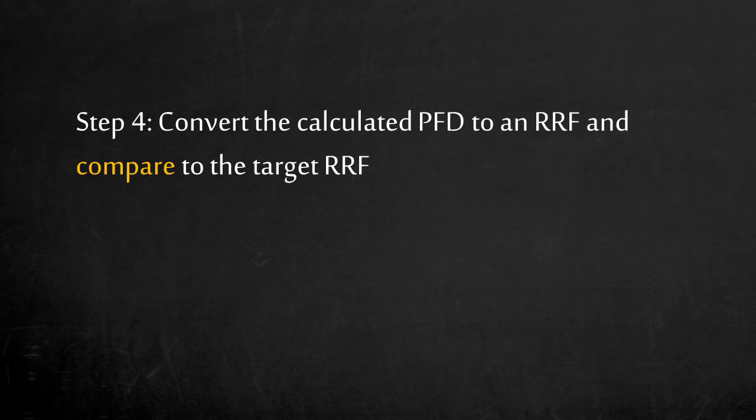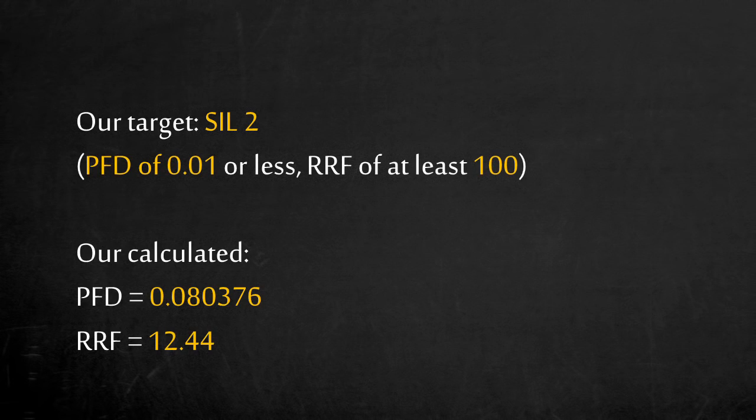Step 4. Now that we have calculated the PFD of the safety instrumented function, let's compare it to our target. The probability of failure on demand of this safety instrumented function is around 0.08, which is around an 8% chance of failure. In other words, it has a risk reduction factor of 12.44.